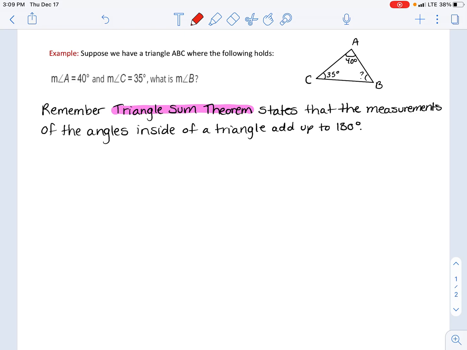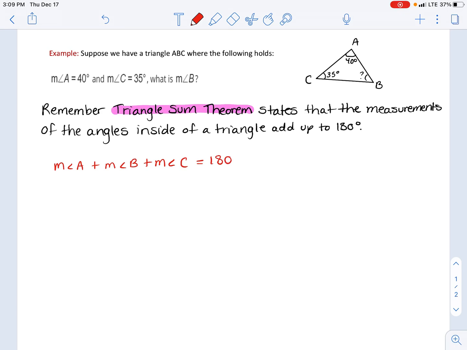So I have three angles in my triangle: measurement of angle A, measurement of angle B, and measurement of angle C. And so I know that when I add the measurement of angle A plus the measurement of angle B plus the measurement of angle C, that's going to give me 180.